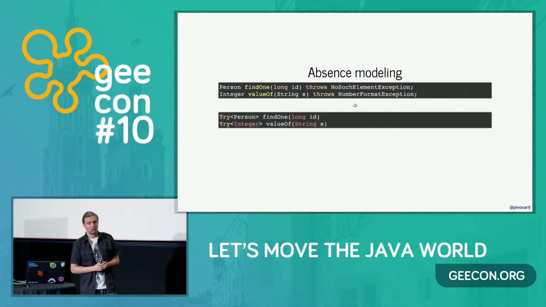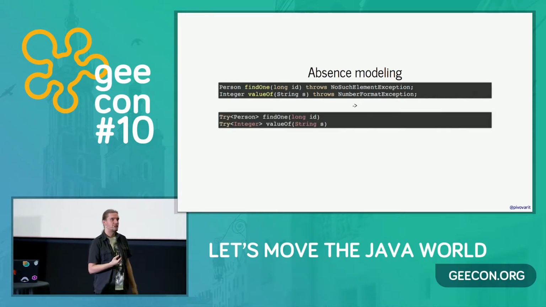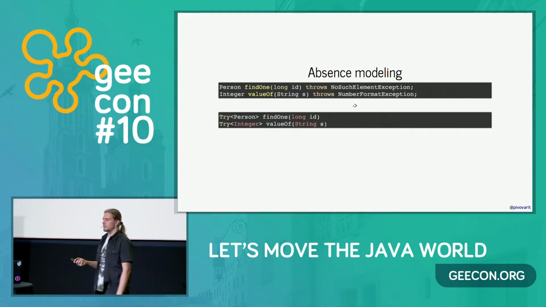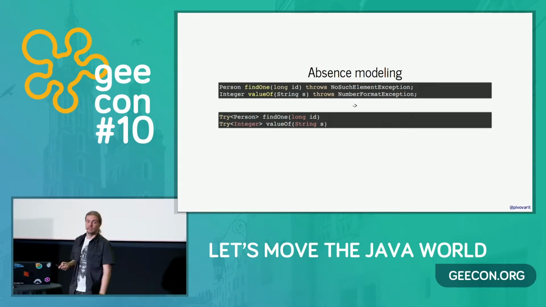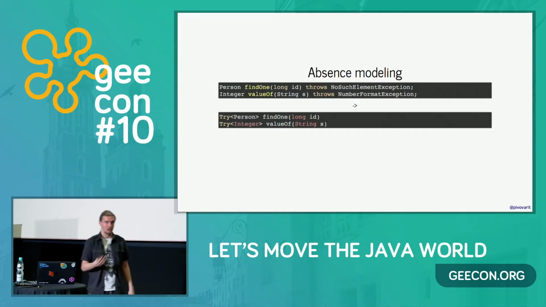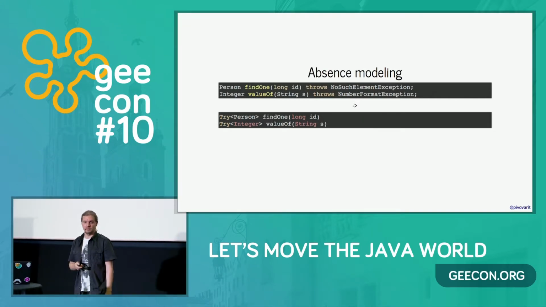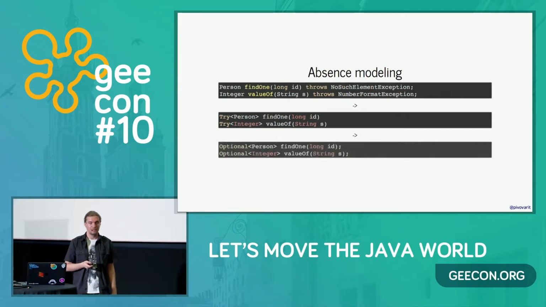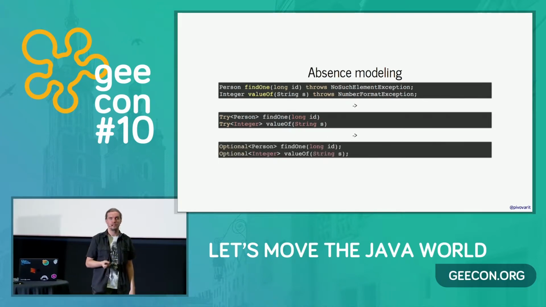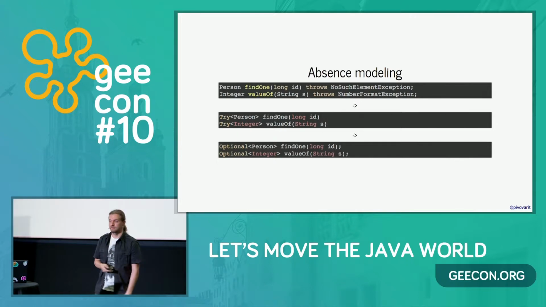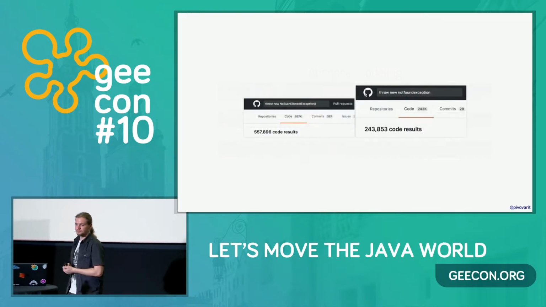A little bit better, but still, Try is really good for handling cases where you actually have meaningful exceptions happening underneath. But there is nothing meaningful happening here. So why bother at all? In such cases, we can often simply deal with it by returning optionals. And that's all. It works pretty fine.